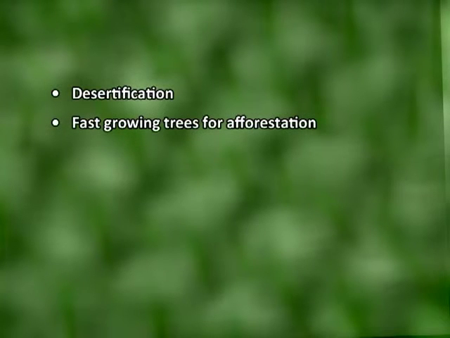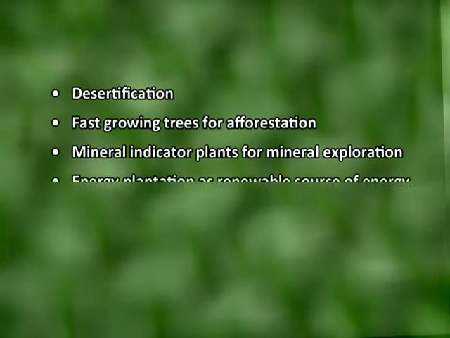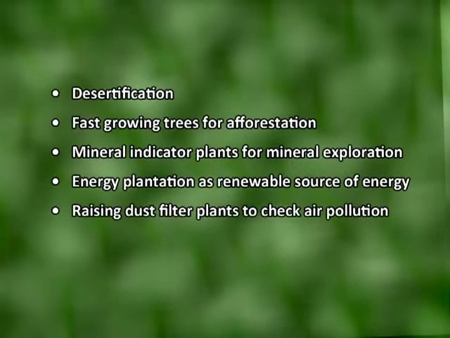Ecologists having basic knowledge of plant taxonomy find it easy to choose suitable plants to be raised as soil binders to check desertification, fast-growing trees for afforestation, mineral indicator plants for mineral exploration, energy plantation as a renewable source of energy, and dust filter plants to check air pollution, environmental assessment, etc.